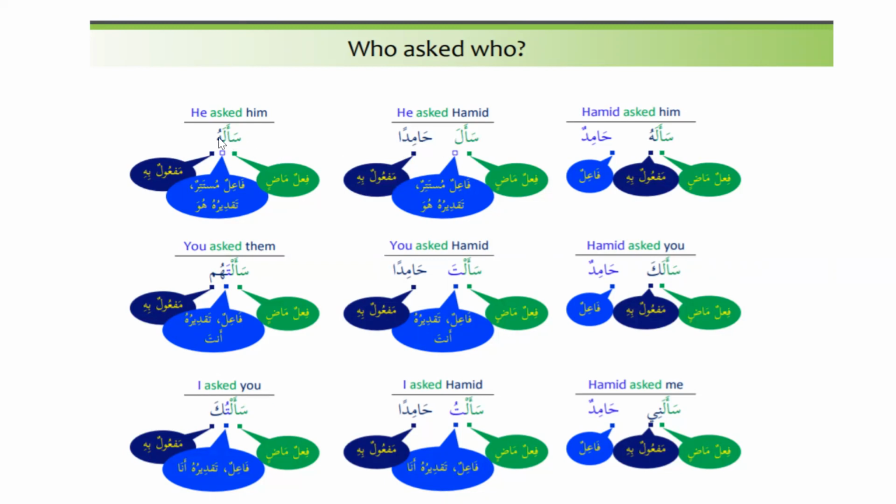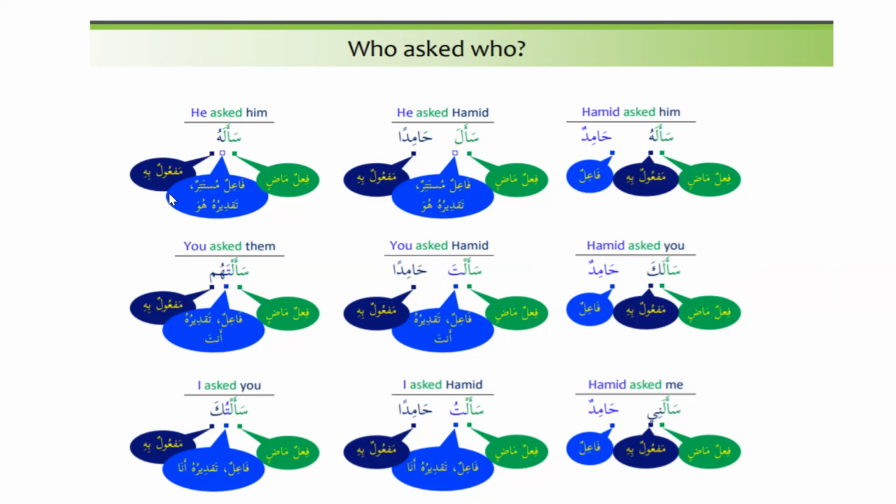Now we have sa'alahu. He asked him. We don't have any outside rafa ism. We don't have an outside nasb ism. Sa'ala has huwa, which is hidden, fa'il mustatir, taqdiruhu huwa. So he asked, and hu is the attached pronoun, which is maf'ul bihi.